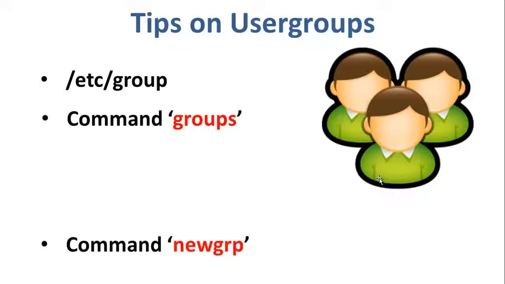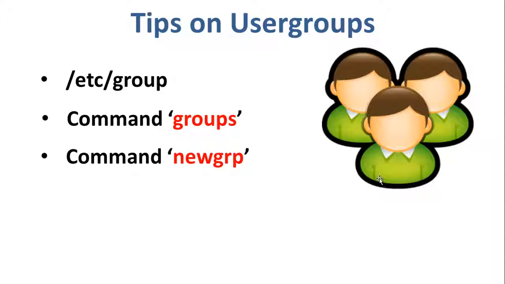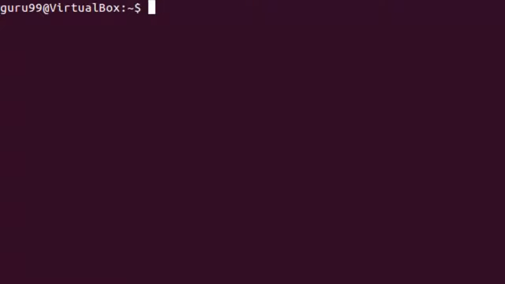You can use the command newgrp to work as a member of a new group other than your default group. Let's see how it works. Let us now change the user group for the user Guru99 to cdrom. Let's create a new file as test.